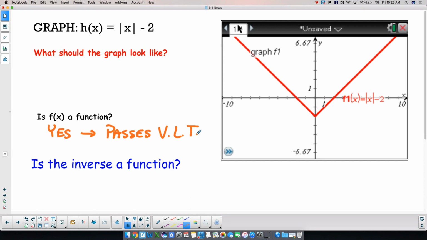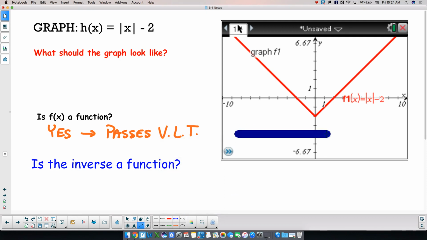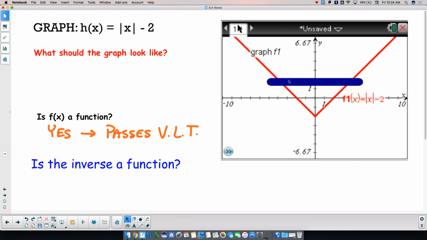Is the inverse a function? Negative. Touches once and touches twice.